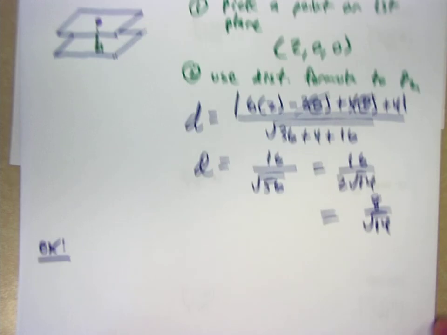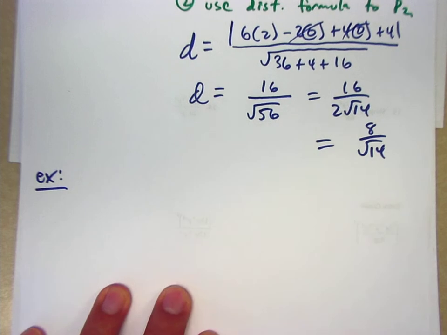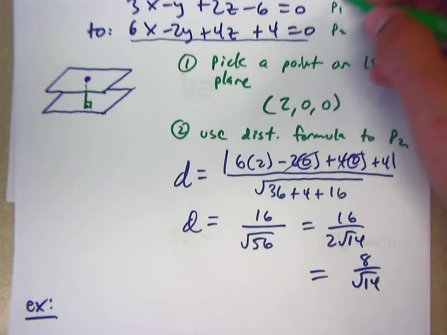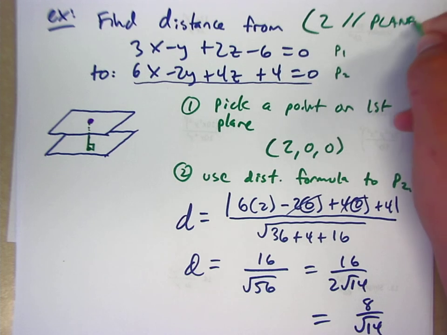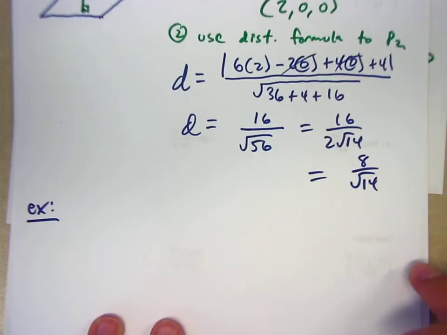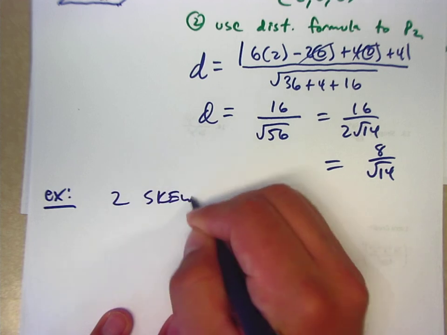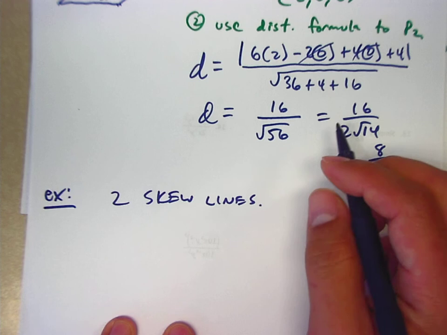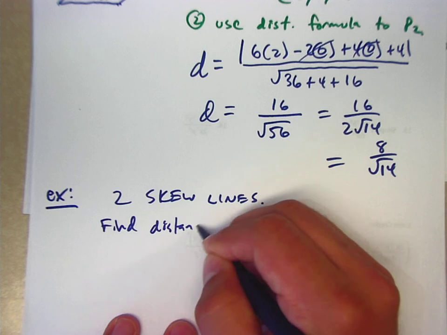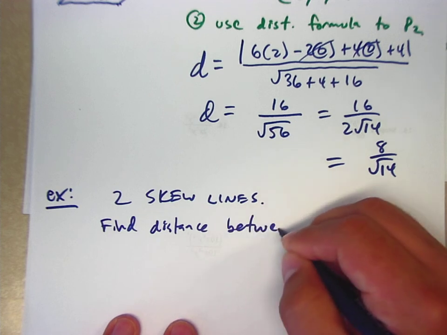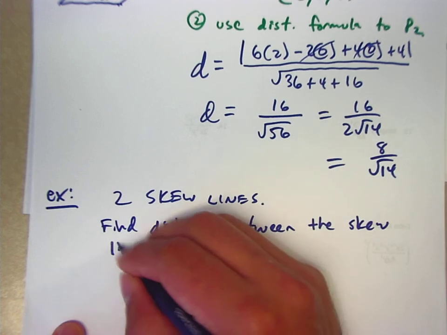This is the last problem we're going to do. All right, let's say we have, and so I'm going to categorize these. So this example that we just did was 2 parallel planes. And this example is going to be 2 skew lines. Okay, so find the distance between the skew lines below. Here they are.